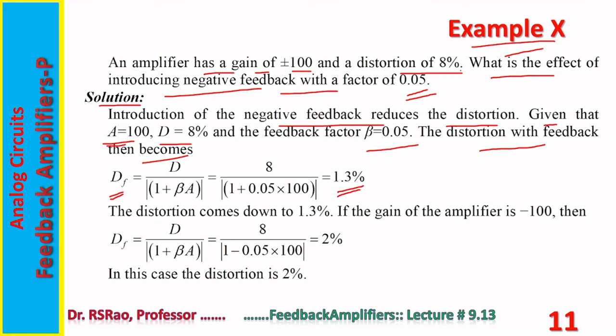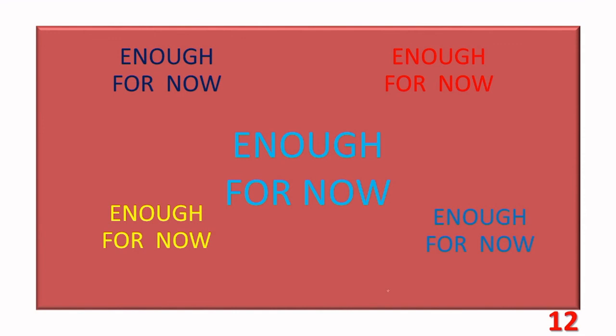Notice, earlier it is 8%, now it is 1.3%, a great reduction. This is when we consider gain as 100. If we consider gain as minus 100, then DF can be found as 2%. In this case also there is a reduction, 8 to 2%.